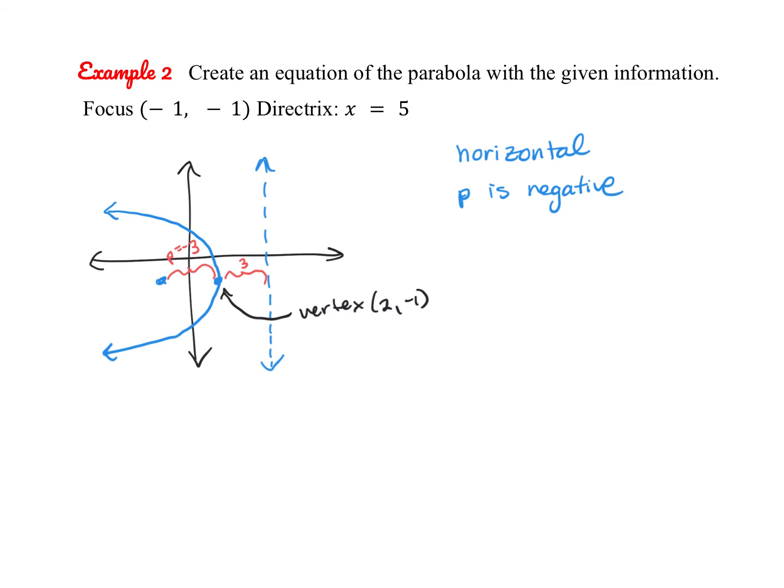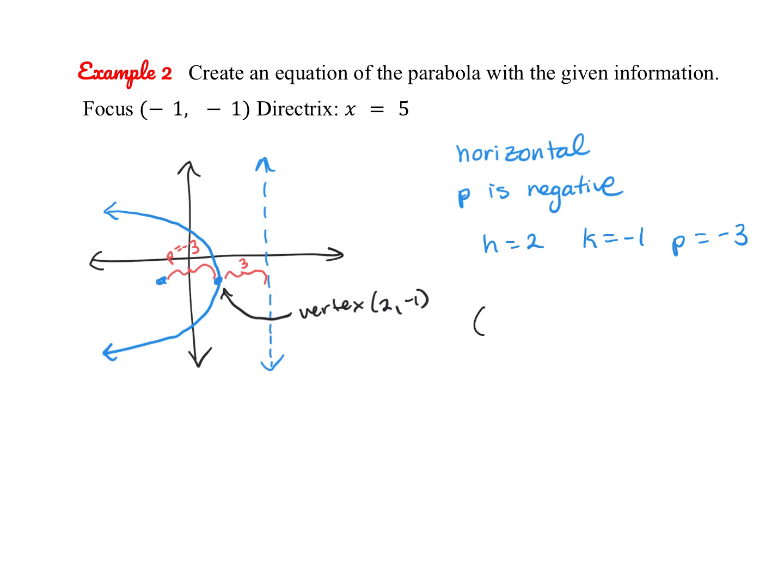So now we know h, k, and we know p. h is 2, k is -1, and p is -3. Now all we need to do is plug that into our standard equation.